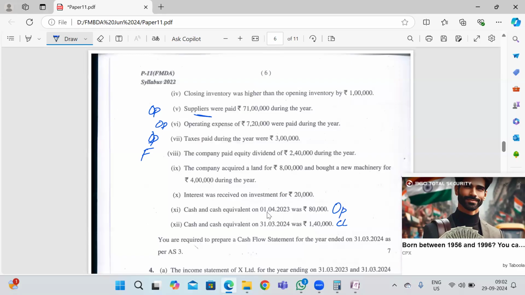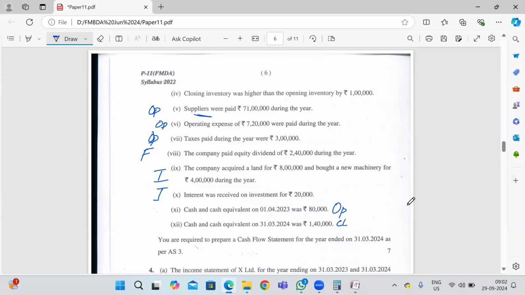So new machinery and land are investment activities. Interest received on investment is again an investment activity. See, if I am putting some money in X Limited, that share is my investment. If people are investing in my business, that comes under financing. So there is a difference between both. If I am getting interest or dividend on that investment, that also comes under investment activity only.